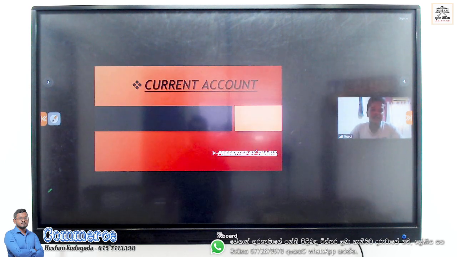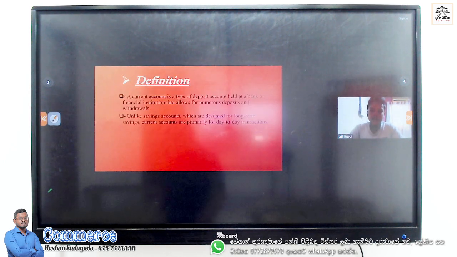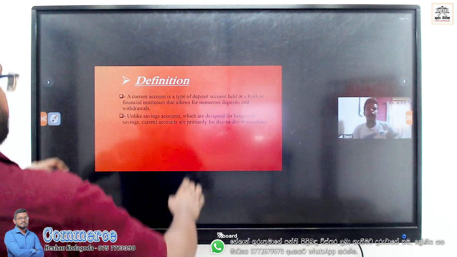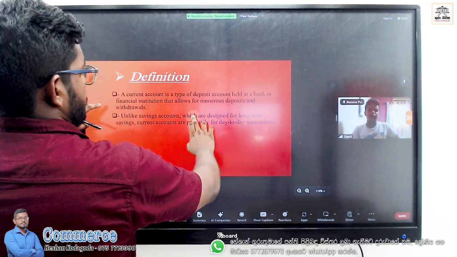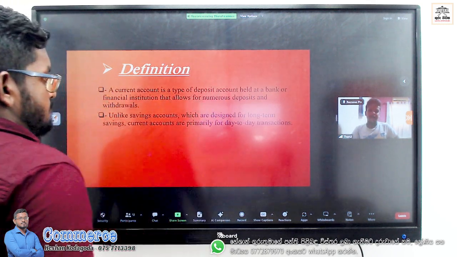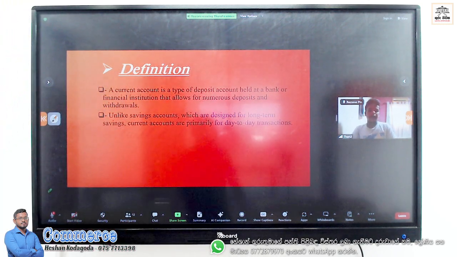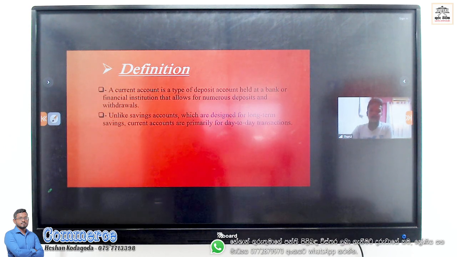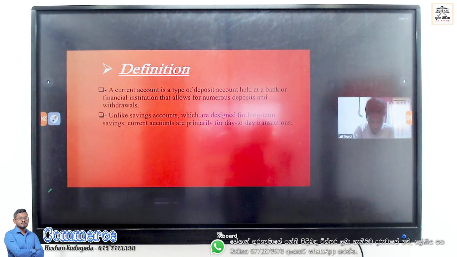A current account is a type of deposit account held at a bank or financial institution that allows for numerous deposits and withdrawals. Unlike saving accounts, which are designed for long-term savings, current accounts are primarily for day-to-day transactions.